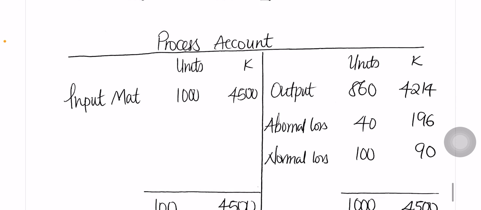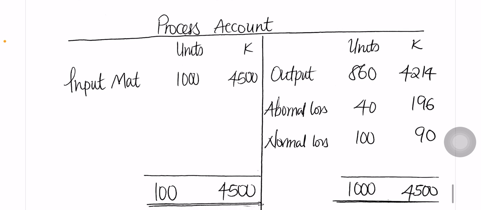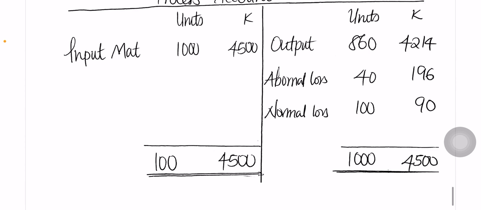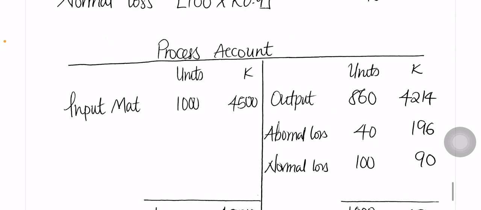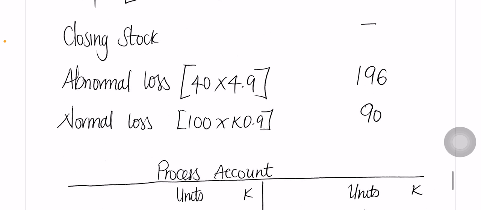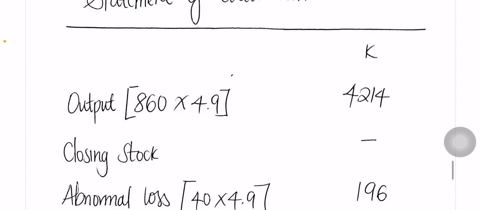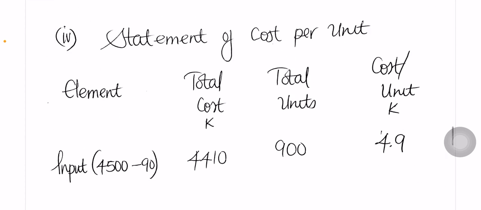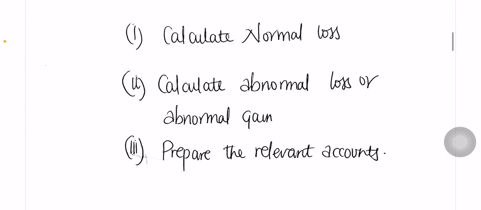The normal loss was 100 units, valued at 90, giving us a balanced process account. So the process account should balance both under the units and under the costs. So this was our process account question. Hopefully you've understood. Hopefully you've gotten some concepts or principles that we can use to refer and solve other process costing accounts.